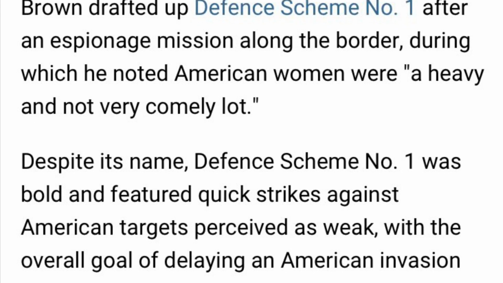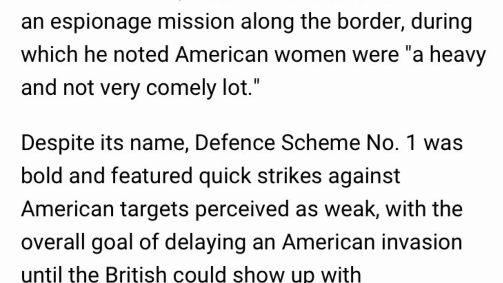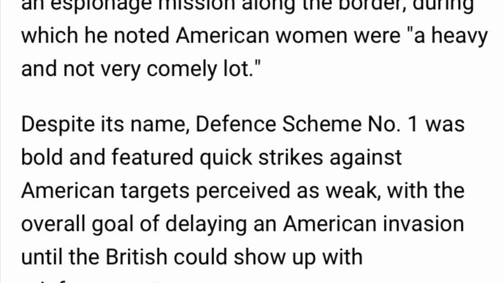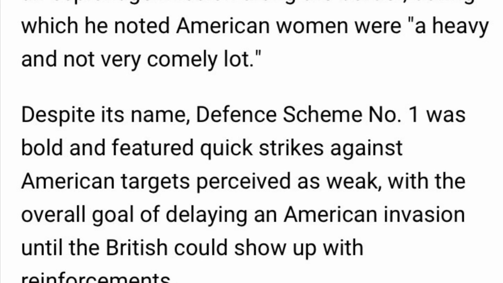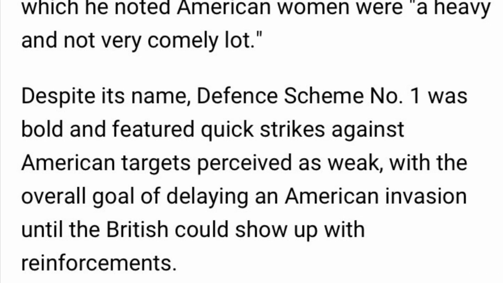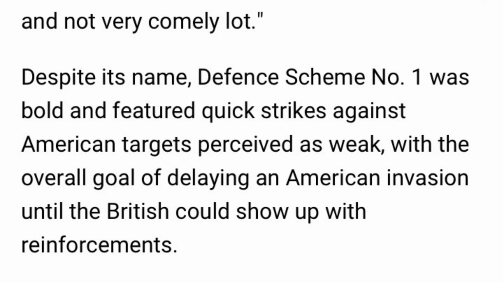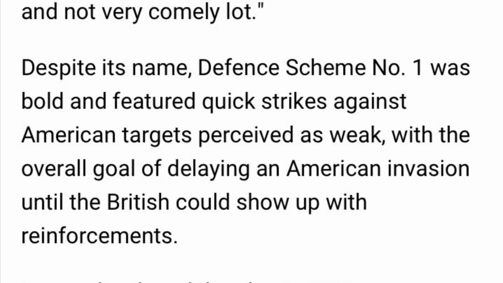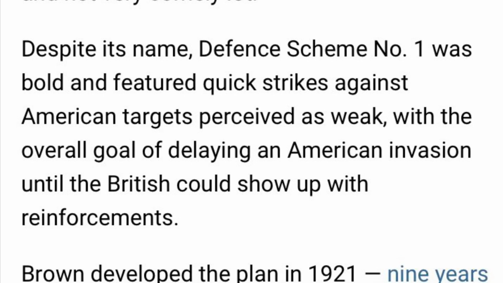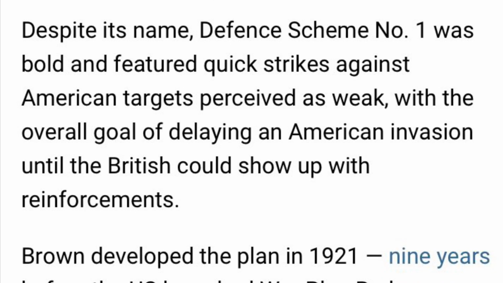Despite its name, Defense Scheme Number 1 was bold and featured quick strikes against American targets perceived as weak, with the overall goal of delaying an American invasion until the British could show up with reinforcements. Brown developed the plan in 1921, 9 years before the U.S. launched War Plan Red. Wow, well, Canada planned to attack us before we could attack them.